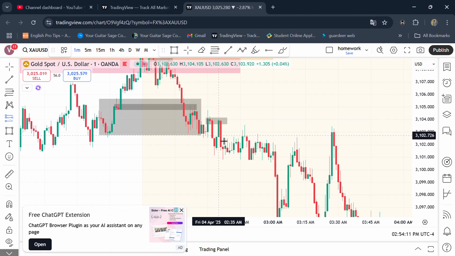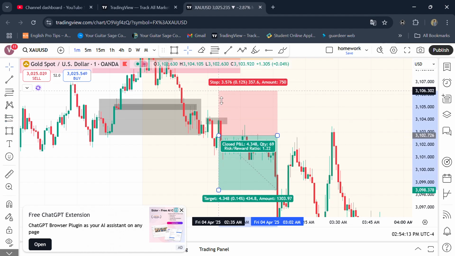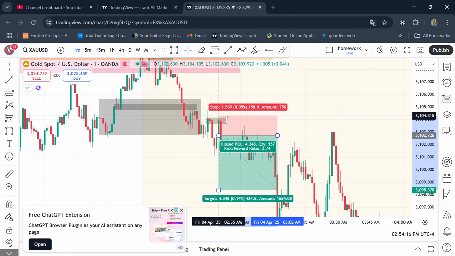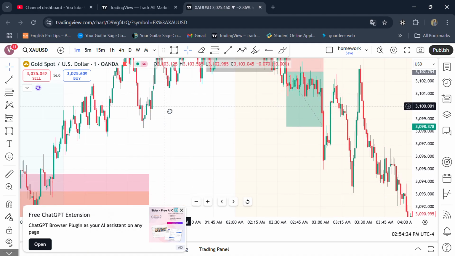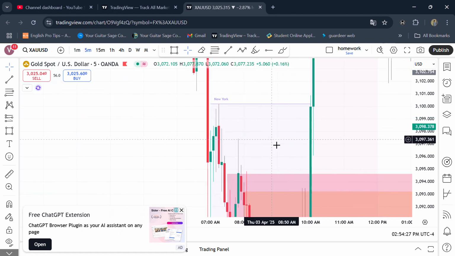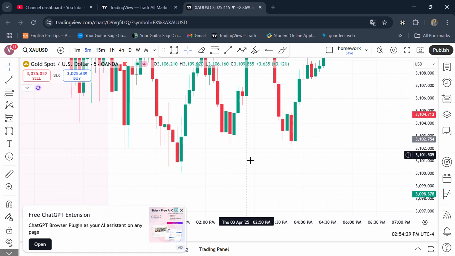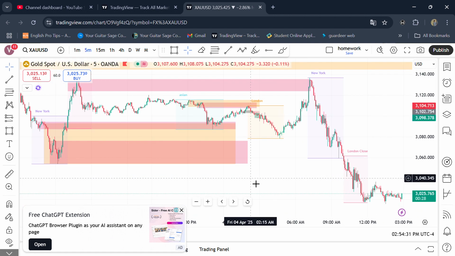Let's say here somewhere. You keep your stop loss just above the order block or the order block's liquidity. Then you go on 5 minutes to find your TP.